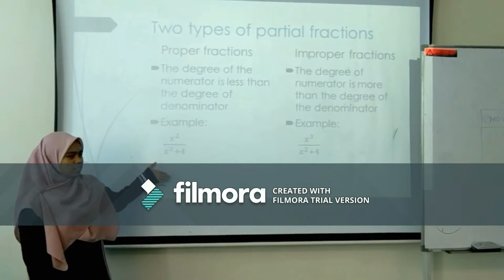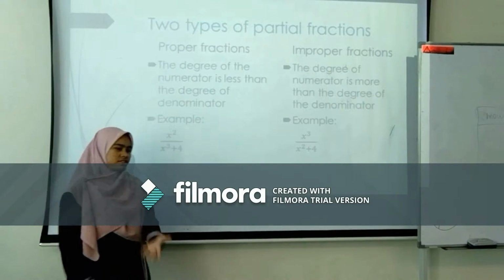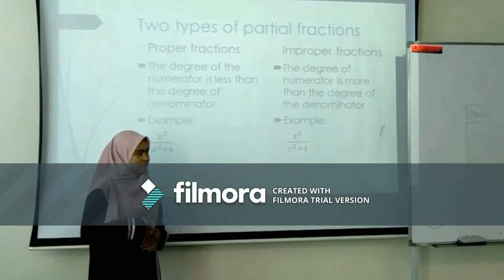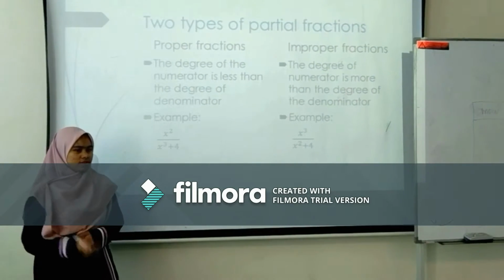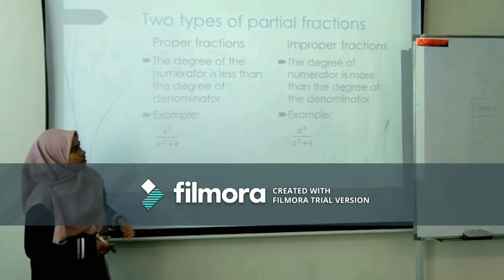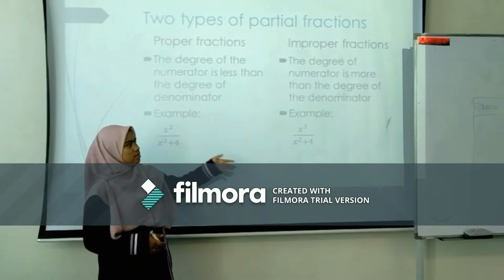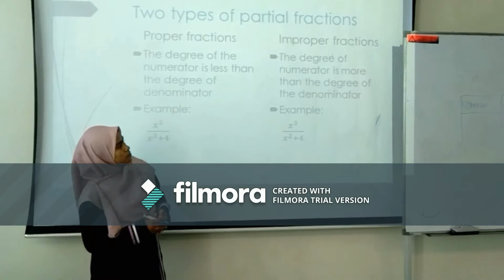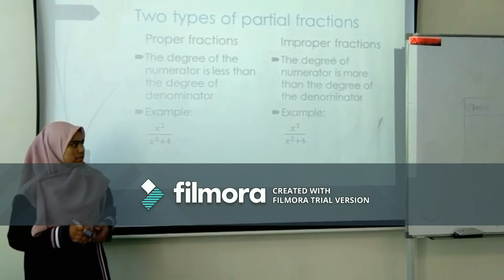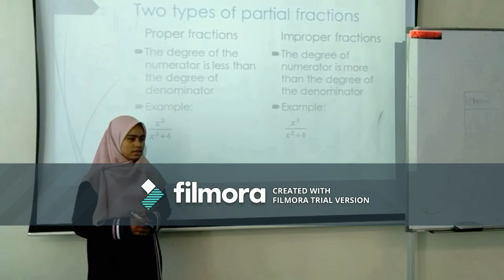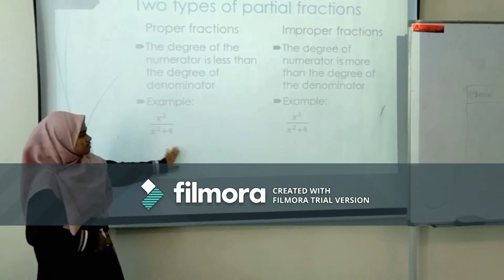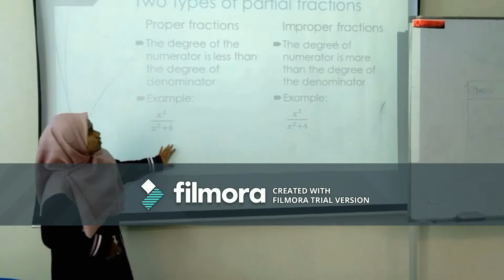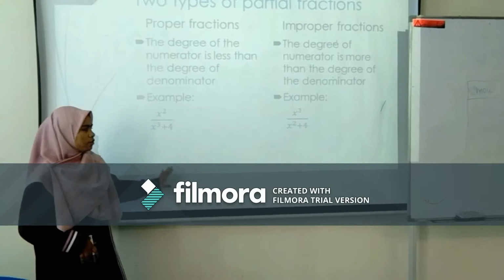Proper fraction is the one where the degree of the numerator is less than the denominator, while for improper fractions, the degree of the numerator is more than or equal to the degree of the denominator. You can see this example of the 2 types of fractions.